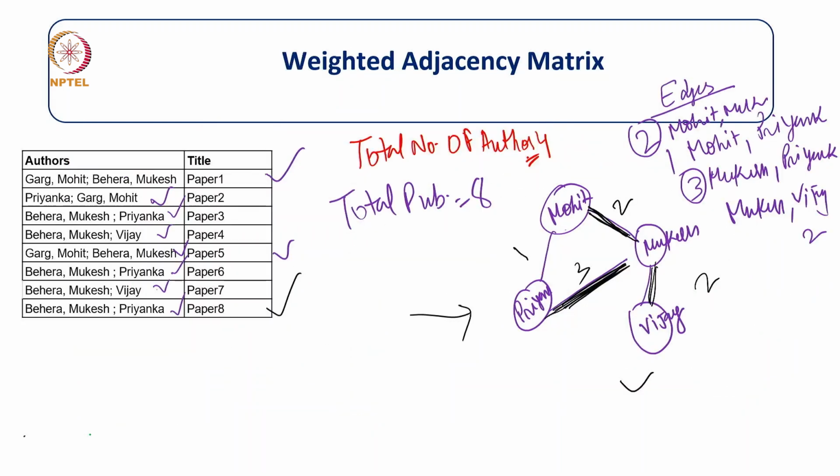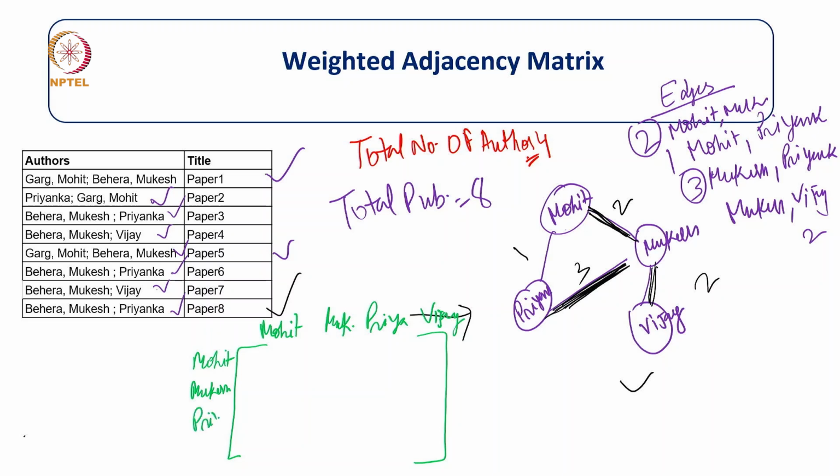Now we will be creating the weighted adjacency matrix for this example. So here Mohit, Mukesh, Priyanka and Vijay, and here Mohit, Mukesh, Priyanka and Vijay.